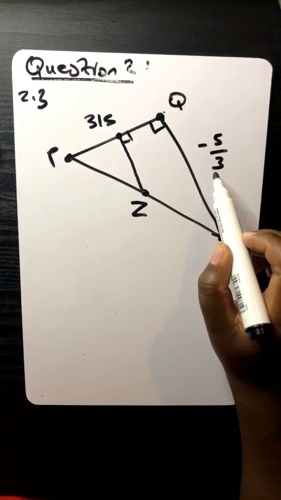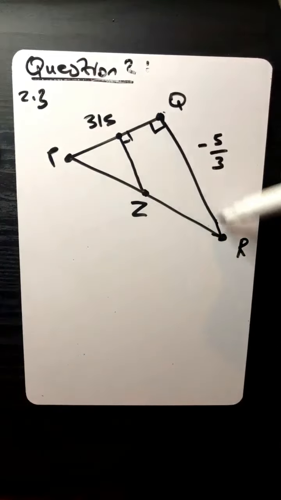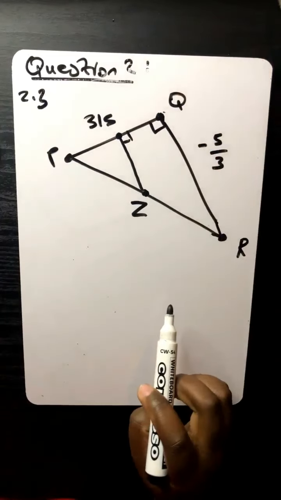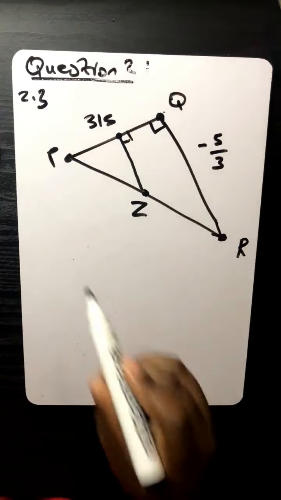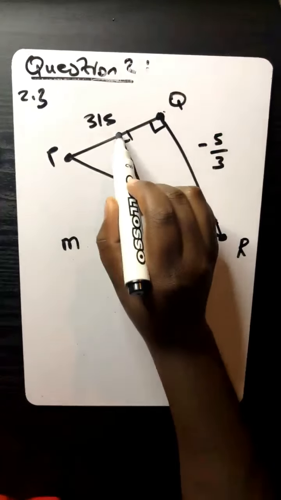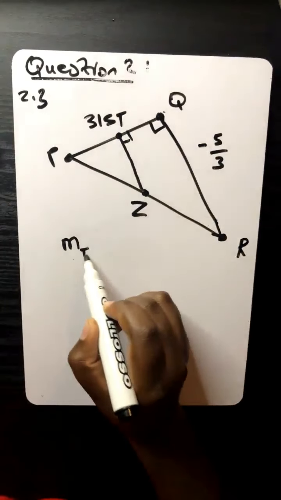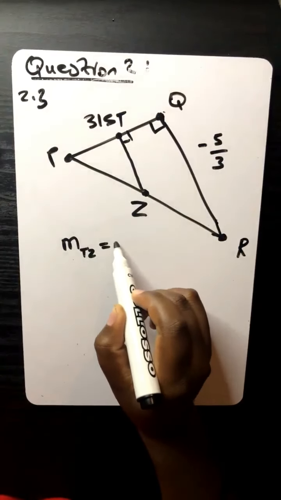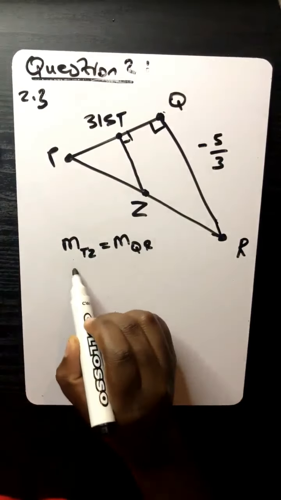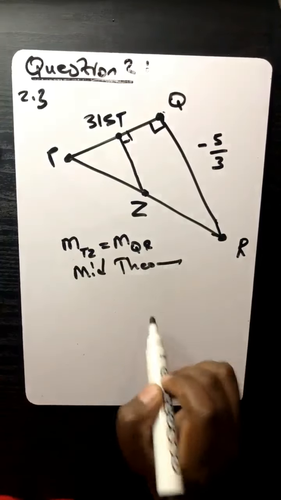Okay, so according to what I explained, I said this line is parallel to that line. Why? Because of the midpoint theorem. So that means the gradient of this, which we can refer to as TZ, is also equal to the gradient of QR. Why? Midpoint theorem.